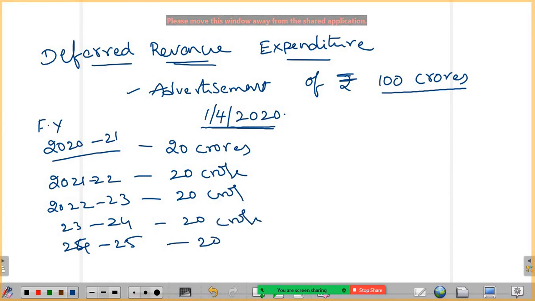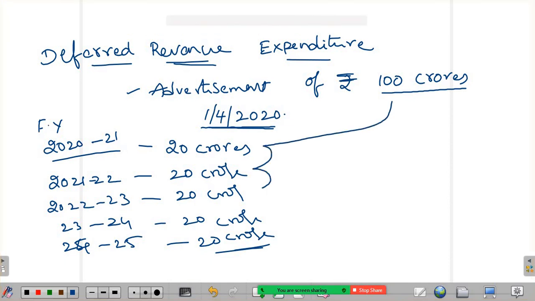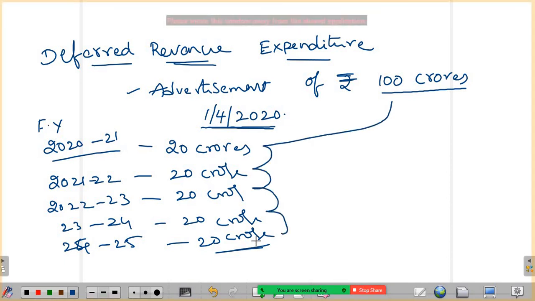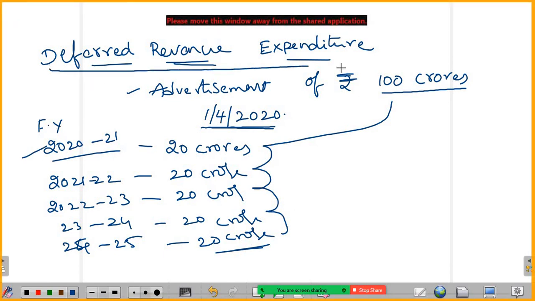In this way they spread this 100 crores into 5 equal installments, or more installments also. So that is what we consider as a deferred revenue expenditure.